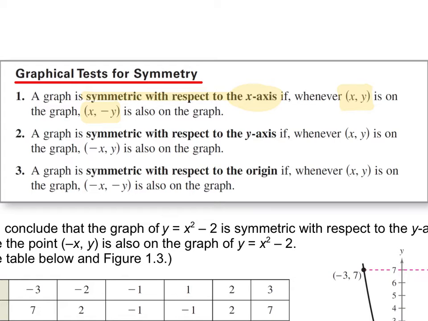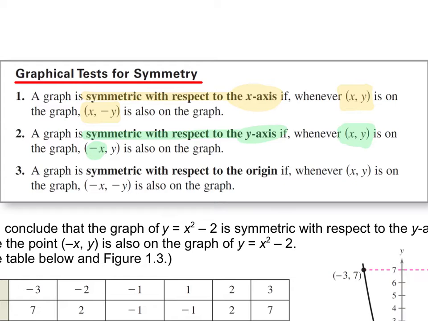And then the opposite is true for if you're looking for symmetry with respect to the y-axis. If you have that point x, y, then the y value stays the same, but the x value has that negative. So what that means is the y value stays the same, but we flip over from the right side to the left side and it's the same thing.